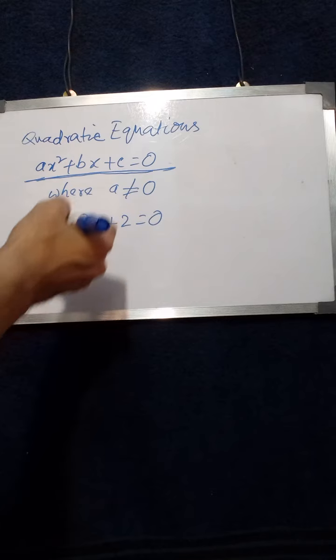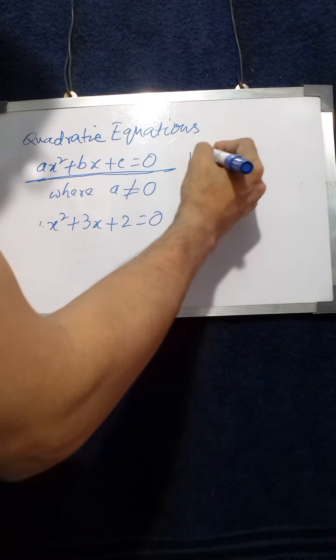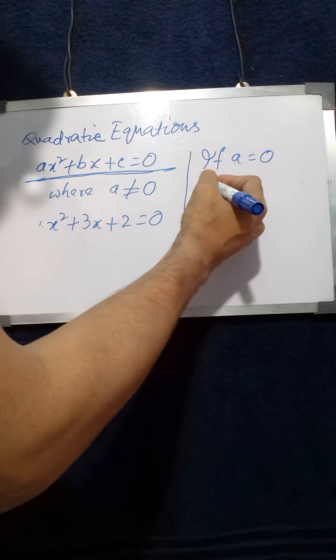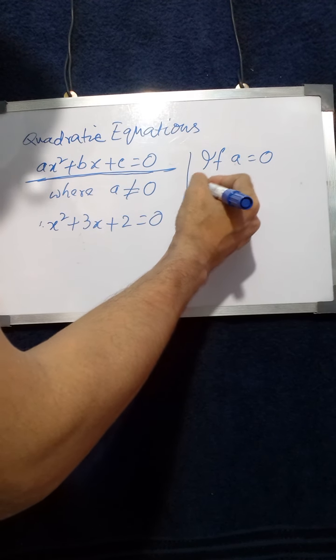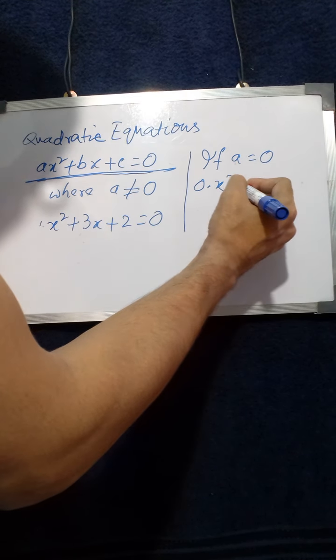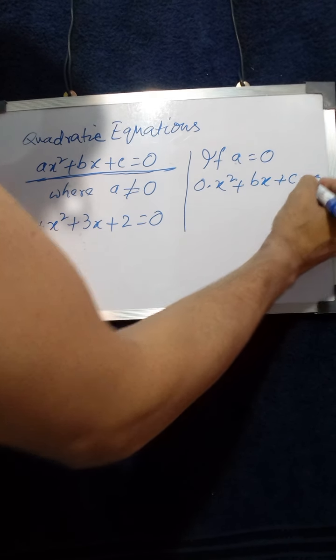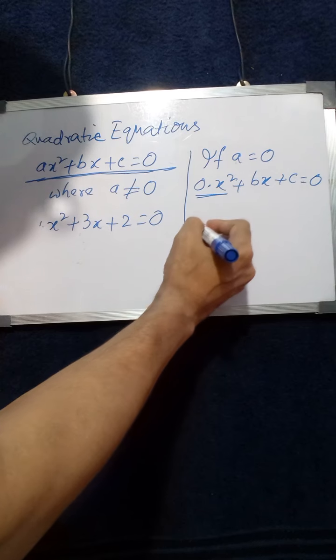Why? If a becomes 0, then the generalized form changes to 0 into x square plus b into x plus c is equal to 0. So this part will vanish.